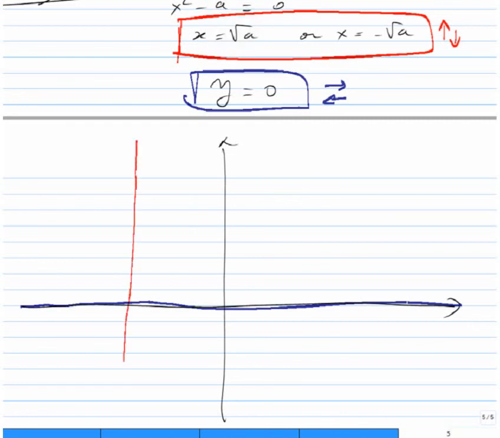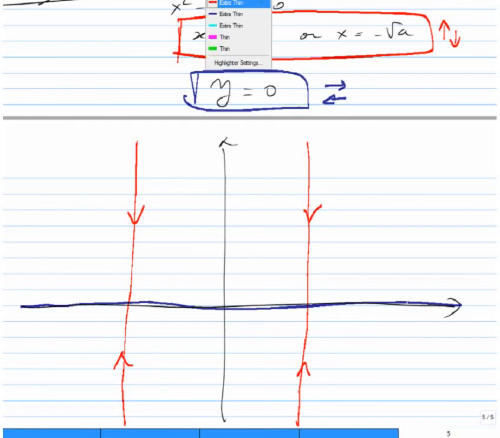They are symmetric vertical lines, and then we put the arrows: down here, up here, and on the y nullcline it's right here, left here, right here. And we do have two equilibrium points. So now the solutions behave like this.